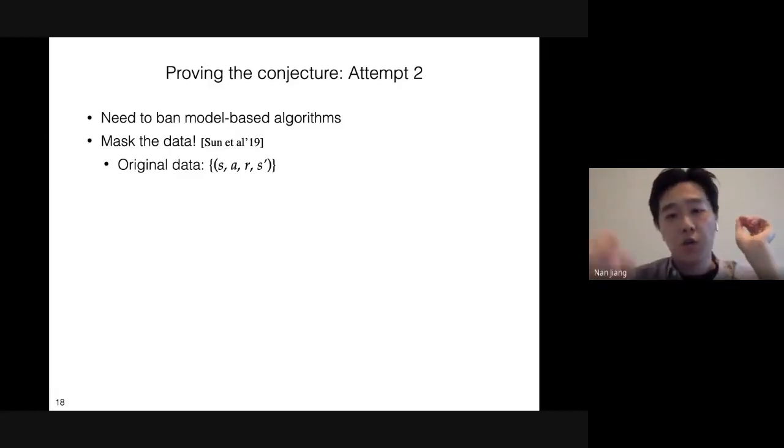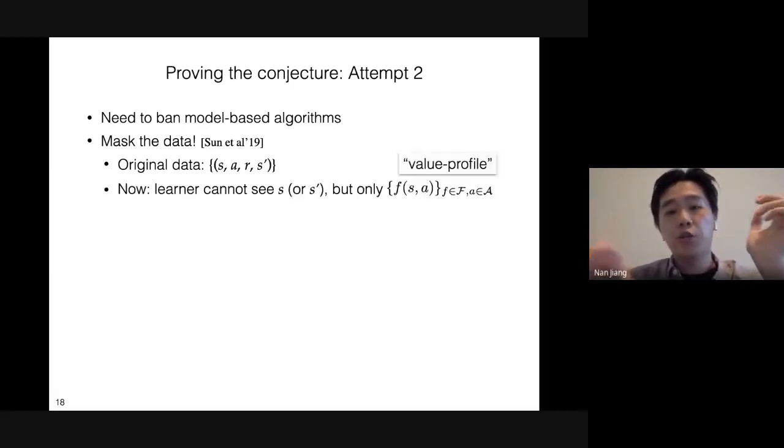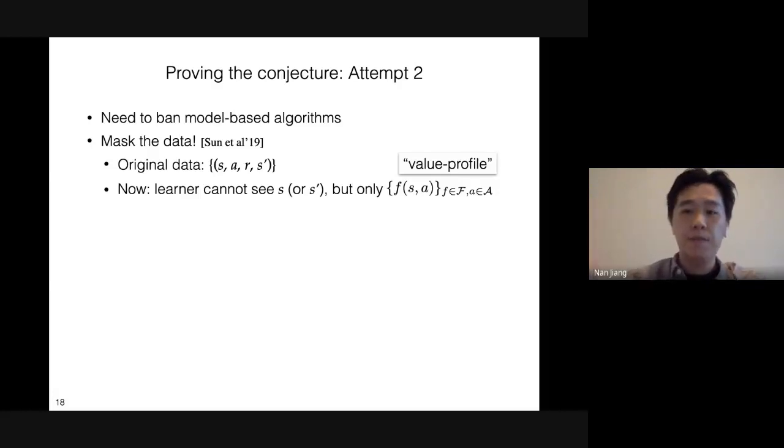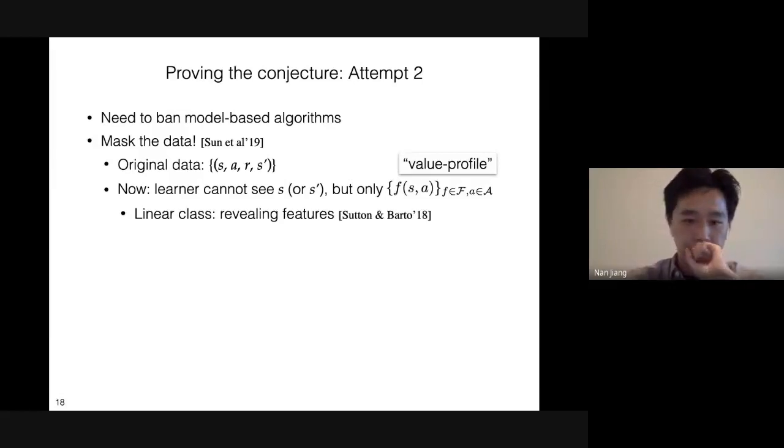If you give me your data set as (s, r, s'), I'm not going to let the learner see the state directly, but the learner can only query the value of any function f evaluated on the state in the value function class. And we call this the value profile of a state.